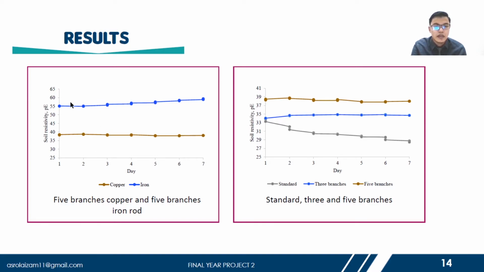The value on the first day for the 5 branch iron road is 55, but the 5 branch copper road is only 35 to 40 ohm soil resistance. You can see clearly from this graph that the copper 5 branch road is better than the iron 5 branch road.